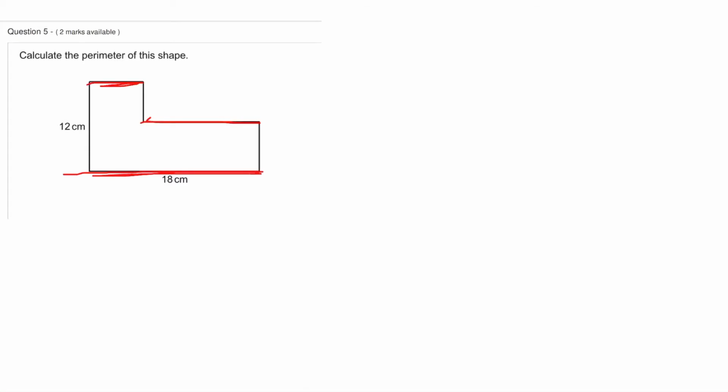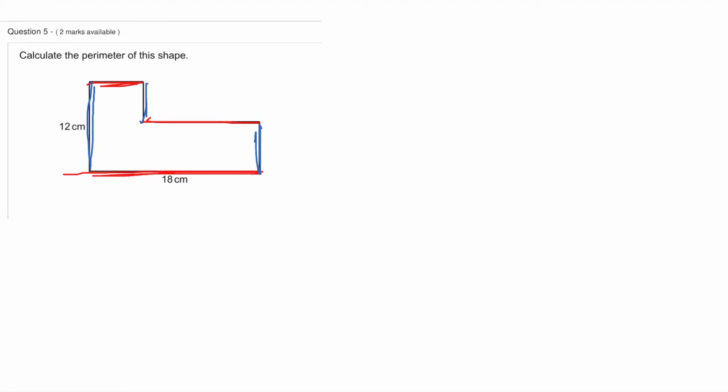And now changing the colour, if this side is 12 centimeters, then this, add this, must be 12 centimeters. So we can quite easily find the perimeter without finding the extra sides.